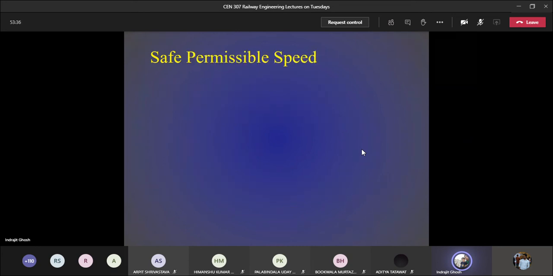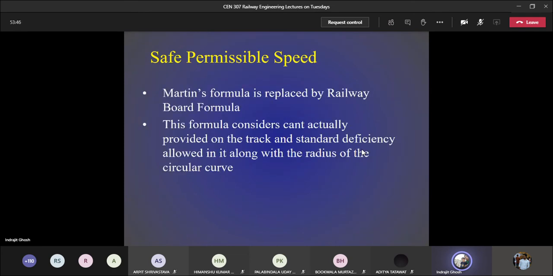Let us see. Martin's formula is being replaced by the Railway Board formula. This formula considers the cant actually provided on the track and the standard deficiency allowed in it, along with the radius of the circular curve. So here they are talking about something which is complex: standard deficiency, and the other one is the radius of curvature.